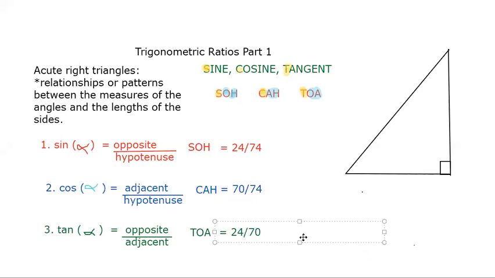So in number 19, we've got the hypotenuse labeled as x. And we have the leg, the small angle labeled as 33.